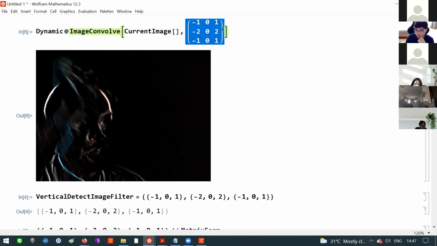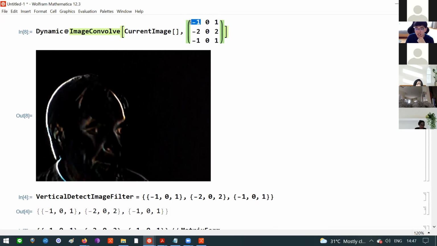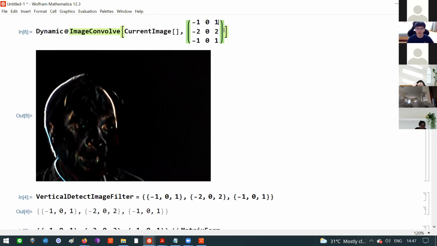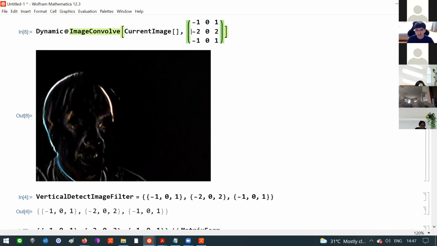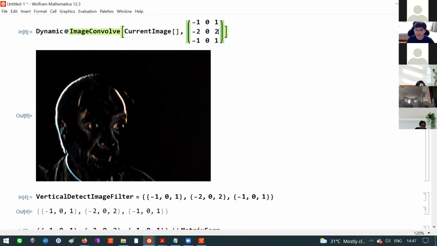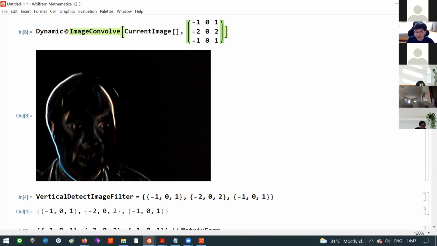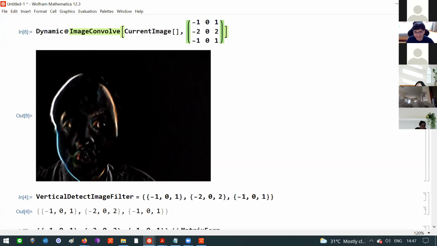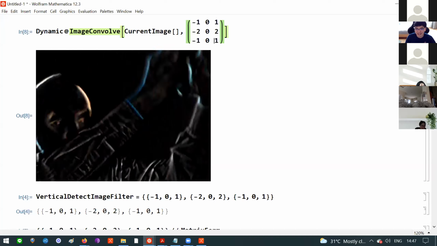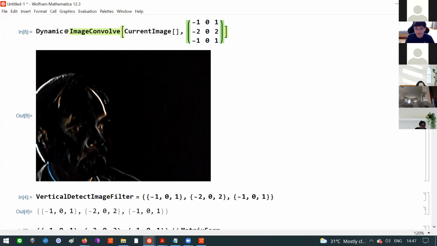You scan it, and you multiply -1 to the top left of that little block, multiply by 0 the top, multiply by 1 the top right, multiply by -2 the middle left, multiply by 0 the middle, multiply by 2 the right middle, multiply by -1 the bottom left, multiply by 0 the bottom, and multiply by 1 the bottom right, to every 3 by 3 pixel. You do that for the whole picture, and then you show that picture. That's what you get.